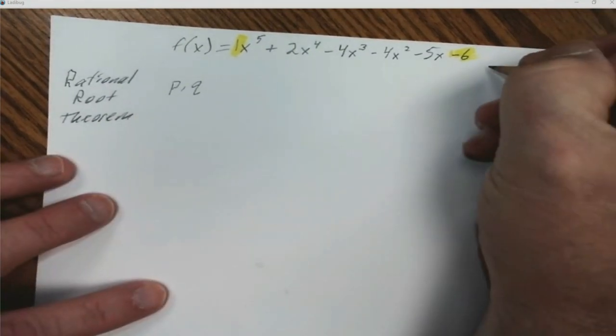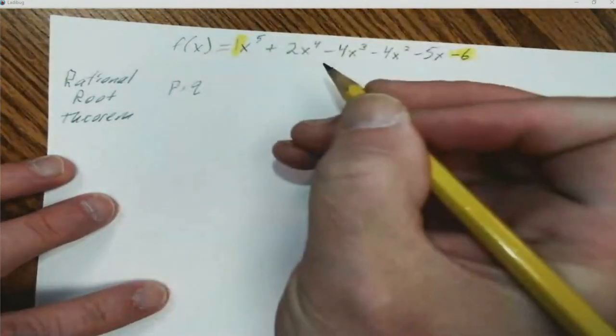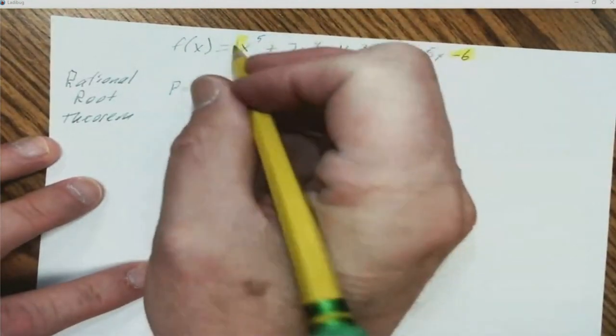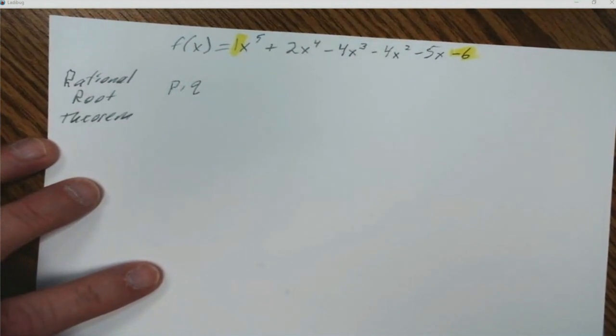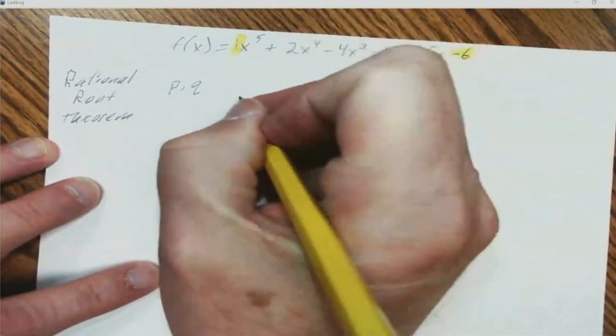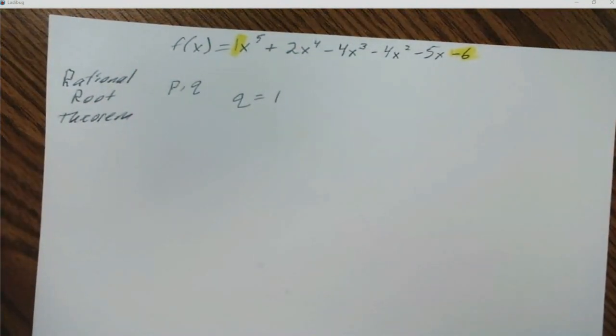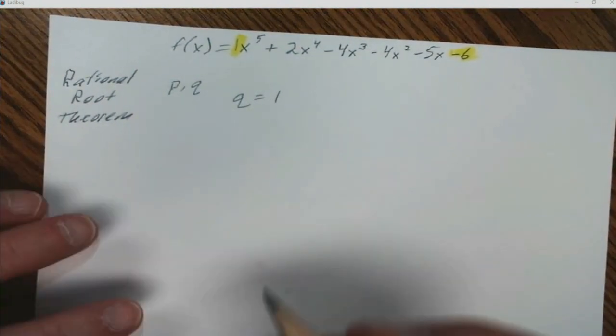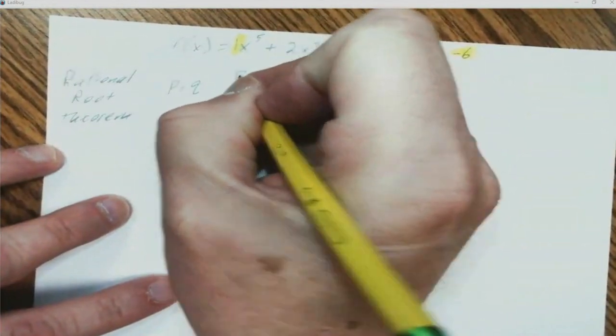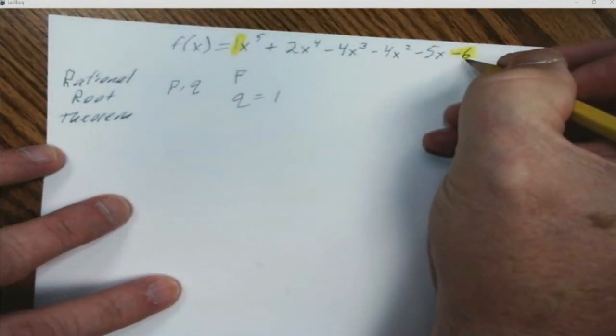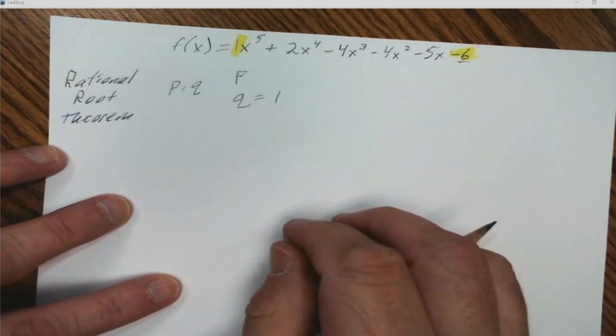So Q, we're going to define Q as all of the factors of the first coefficient, which in this case, Q equals 1, because that's the only factor of 1. P is going to be all the factors of 6.